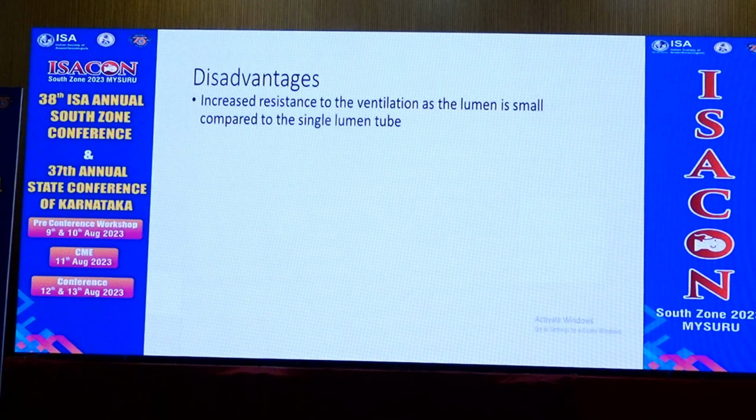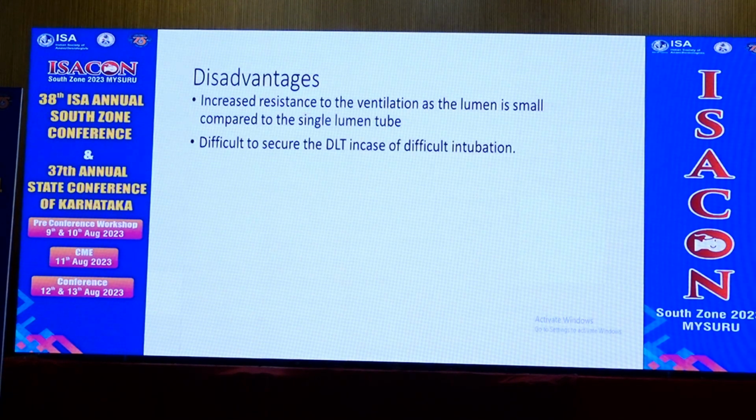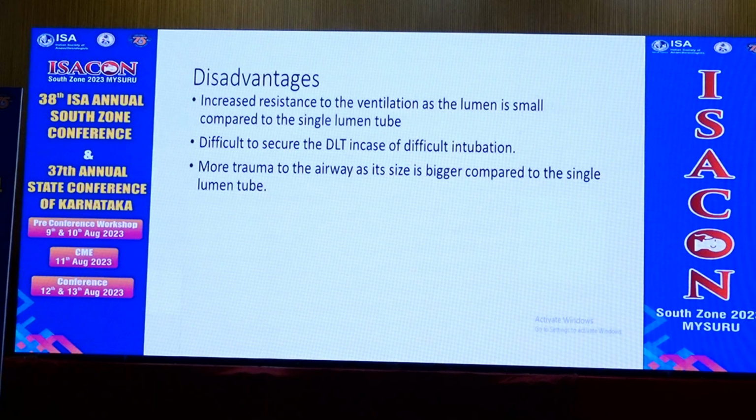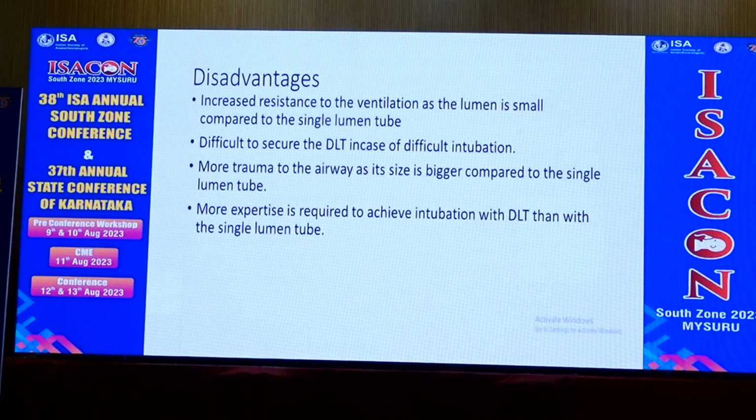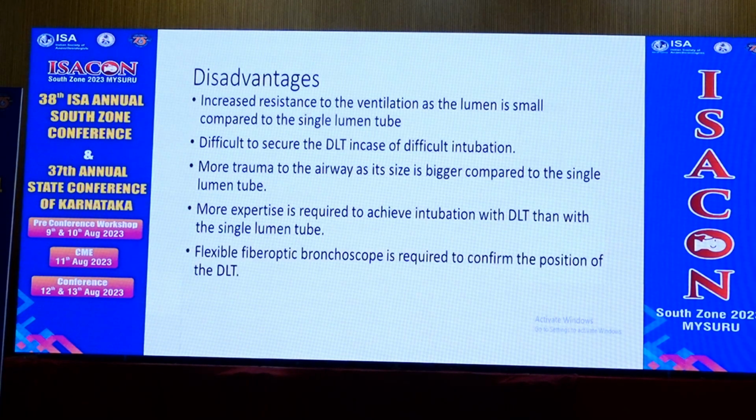As there are two lumens, each lumen is smaller when compared to a single lumen, so there is increased resistance to ventilation. As it is a bigger tube, it is difficult to secure, and in difficult intubation it is much more difficult. As it is a bigger tube, more trauma to the airway can happen, and more expertise is required to place the double-lumen tube in a proper position.